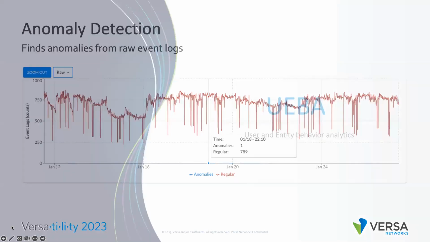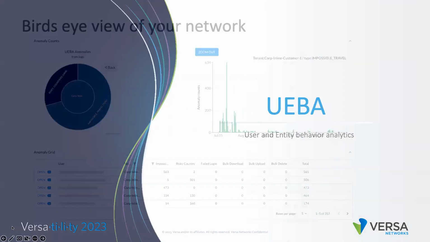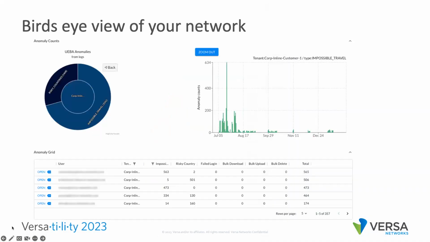Now, this nicely segues into UEBA, which is our user and entity behavior analytics, which uses some of the same engines that we have described for networking. And in this case, we have a certain configured set of anomalies, for example, impossible travel, which means a user logged in from country X, and then within a few minutes, he logged in from a different location, which he couldn't have traveled that fast.